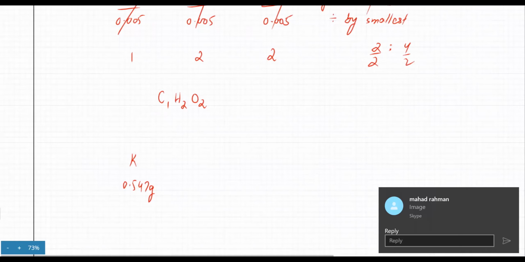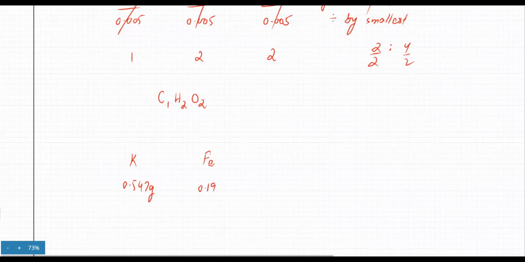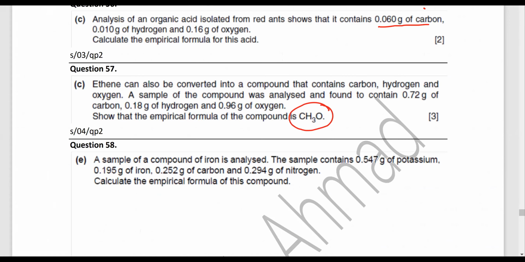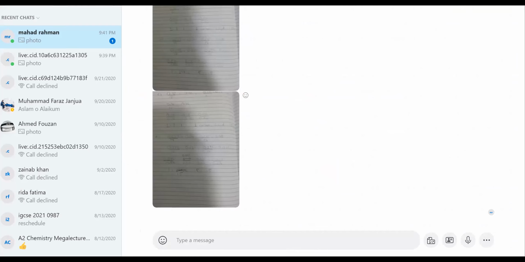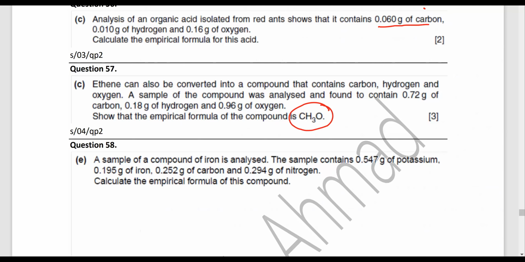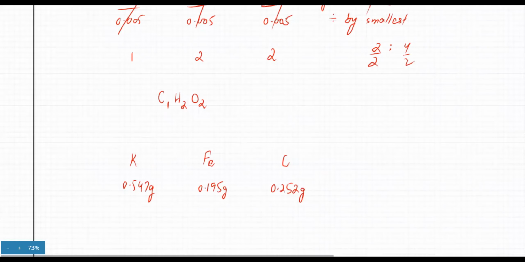So there's Fe, and it's 0.195 grams. What else? Then there is carbon, which is 0.252 grams. And finally, the last thing is nitrogen, which is 0.294 grams.